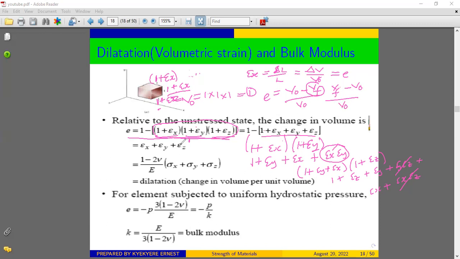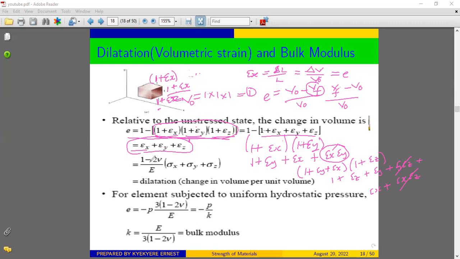If it was reducing, then all this is going to be negative. But don't worry, we are going to take the absolute value so that it will represent both the contraction and expansion. So from here, when we simplify, we are getting this, which will be our volumetric strain, or the dilatation.